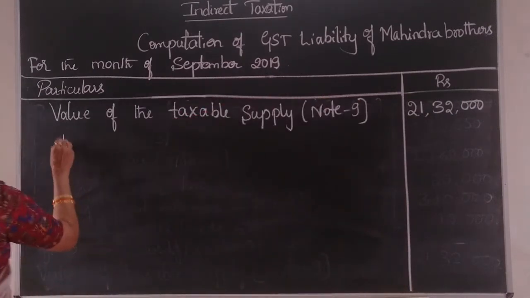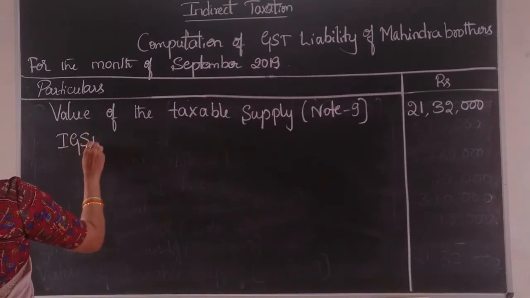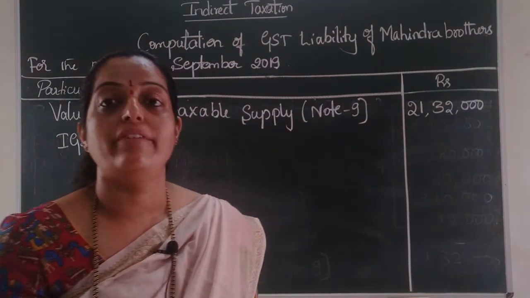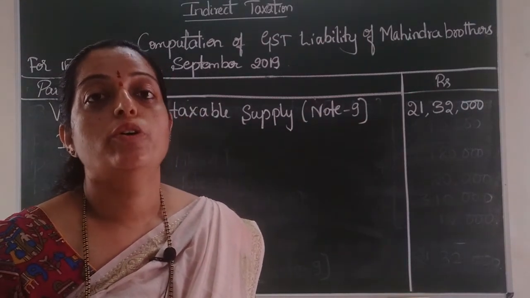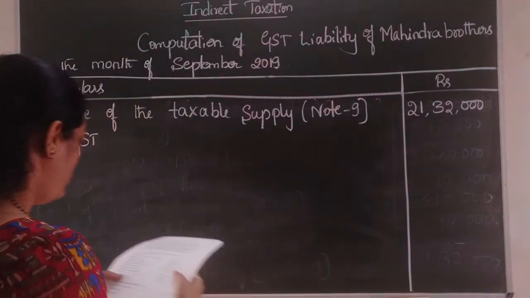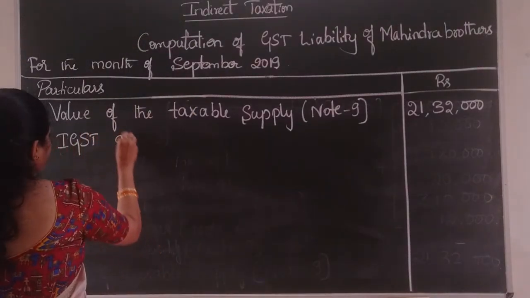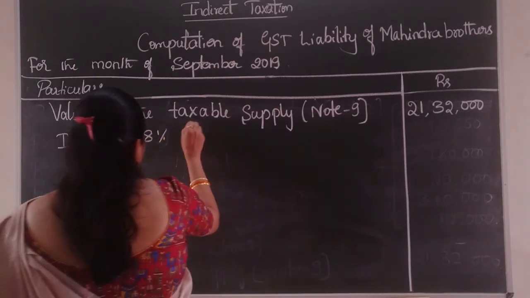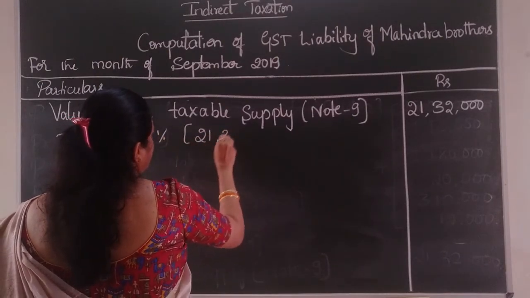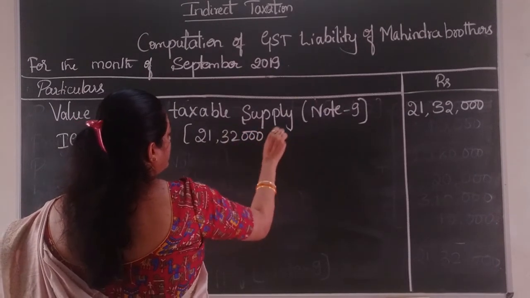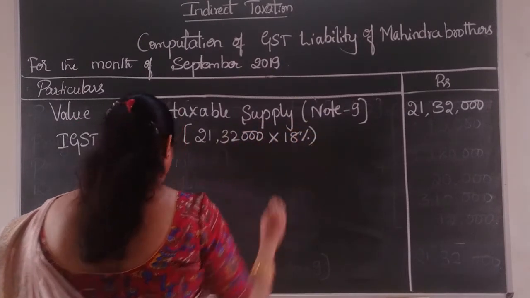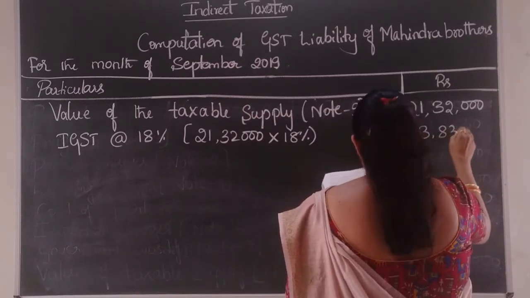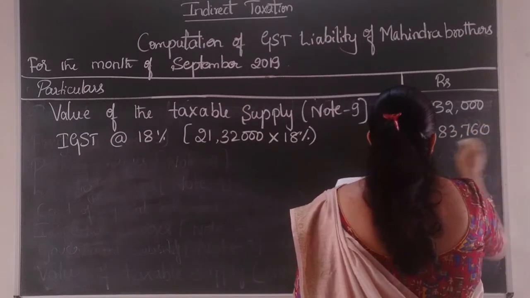GST here is IGST, because the chemical is supplied from Gujarat to Uttarakhand. So IGST applies at 18%. 18% of 21 lakh 32,000 gives you the amount 3 lakh 83,760.